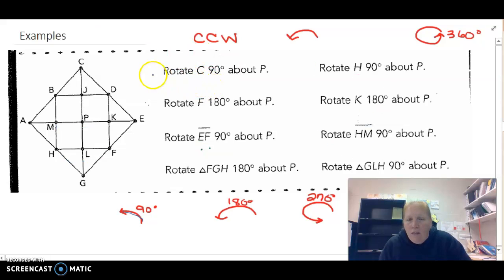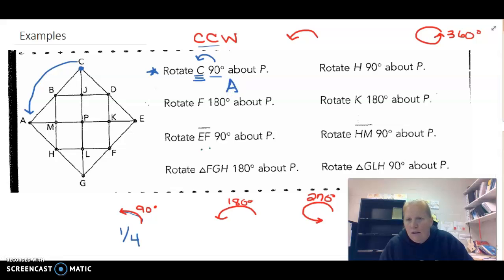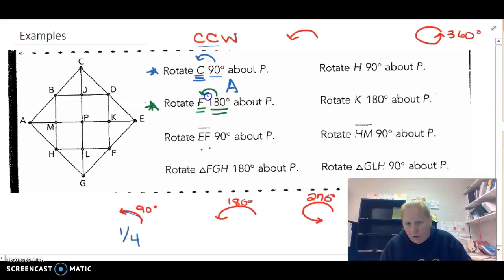All right, so if I look at this one right here, I'm going to rotate C 90 degrees. And because it's not stated otherwise, I'm going to rotate it counterclockwise 90 degrees. So if we look down here, counterclockwise is 1/4 of the way all the way around. So if I go from C 1/4 all the way around this way, I get to point A. Now if I look at the one below it, I'm going to rotate point F 180 degrees, and because it's not stated otherwise, I'm going to go counterclockwise again.